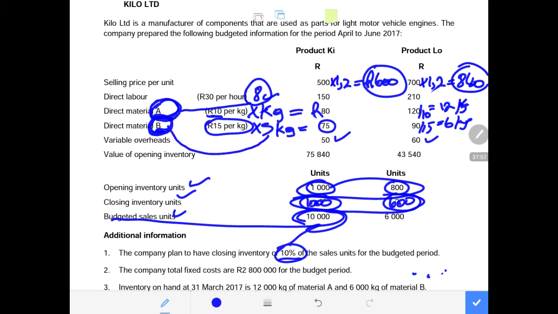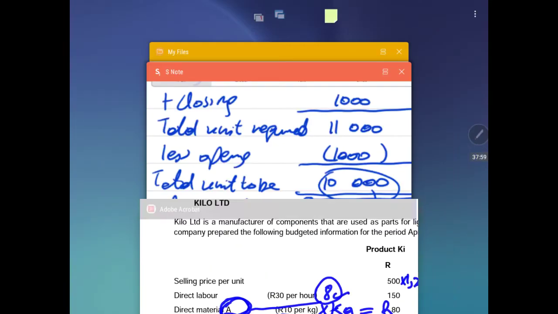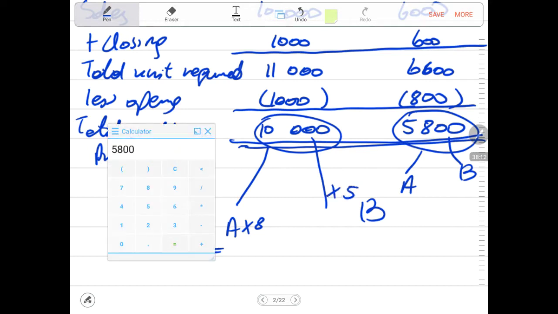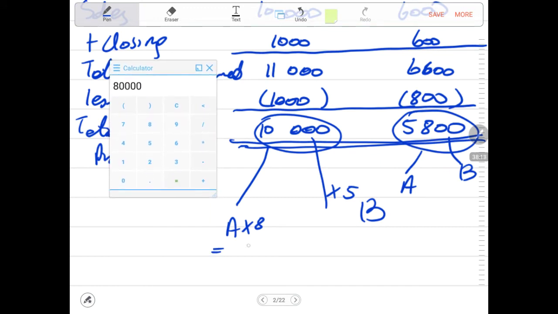So now we multiply by 8 here and multiply by 5 here. 10,000 times 8 gives us 80,000.